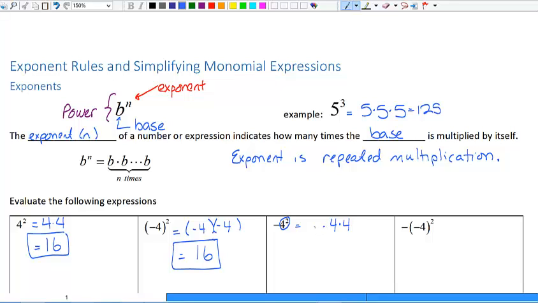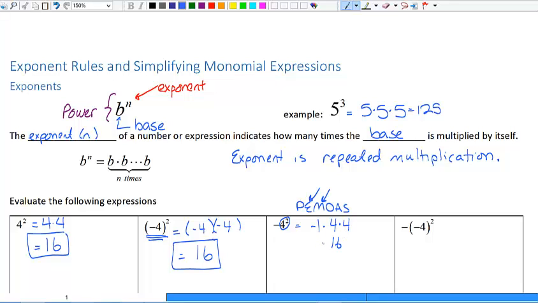You can think of it as a negative out in front or like a negative 1 times 4 times 4, because in PEMDAS the exponent comes before multiplying, and because this negative is not associated with the 4 like it is with the parentheses, clearly the negative is with the 4 inside the parentheses on the second problem, but on this third problem the negative is out in front, and what we have decided that means in mathematical notation is the opposite of 4 times 4.